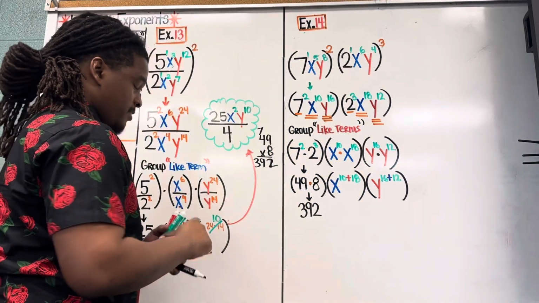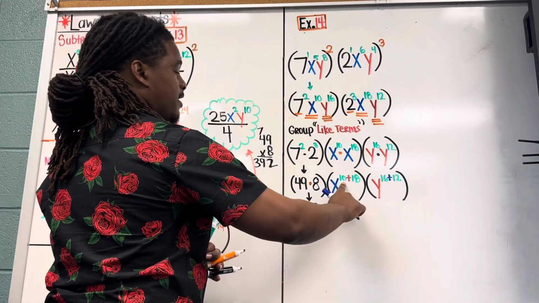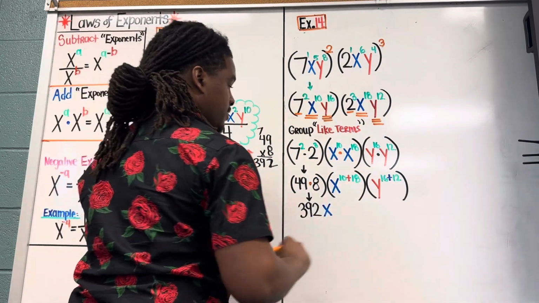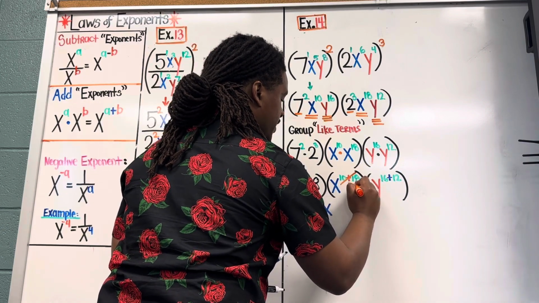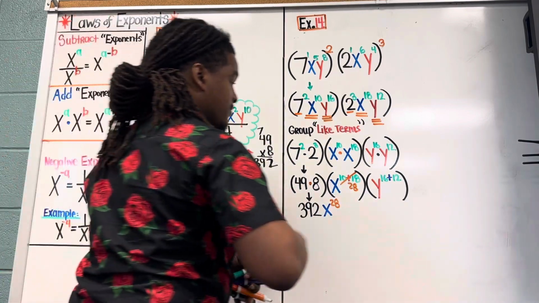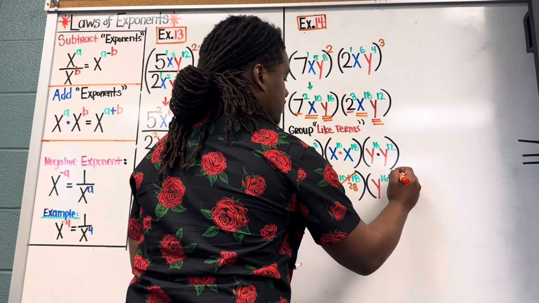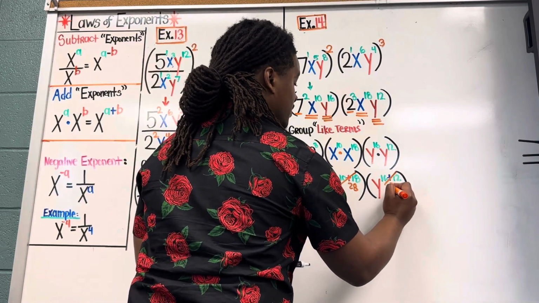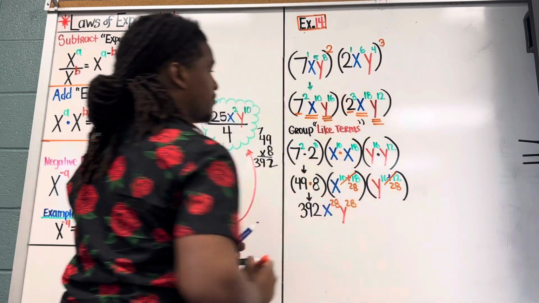Okay, we have that. Now I'm going to attach the x. 10 plus 18 is 28. So it's going to be times x to the 28th power. Times y to the 16 plus 12, which is 28, so y to the 28th power.